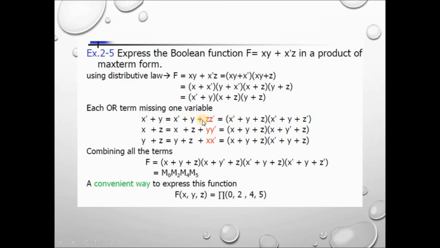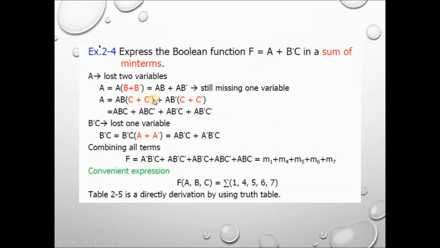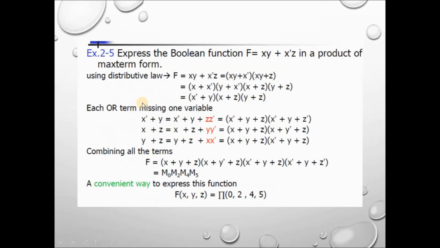So here, which is not there, you can add like this: Z plus Z bar, Z dot Z bar. In the previous one you added C plus C bar, and in this slide you are writing Z Z bar. So like this you can add. If Z is not there, X, Y, Z is not there, then you can write like this.